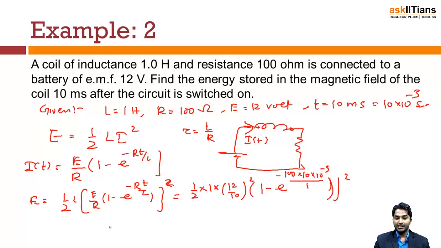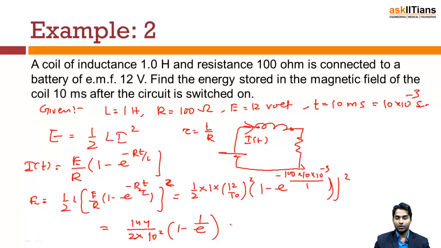It would be a mathematical relation, and we are getting it as 144 by 2 into 10 to the power 4 into 1 minus e to the power minus 1, finally.